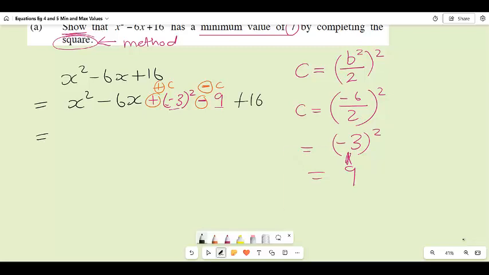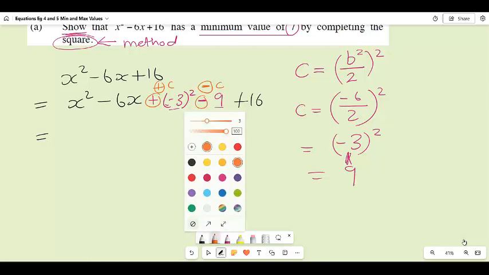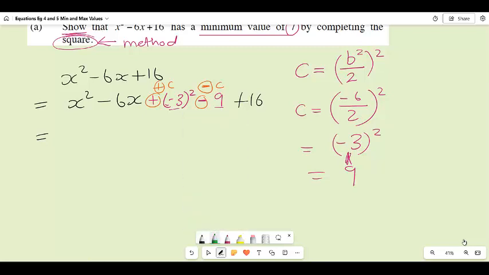Which means that I am now left with, if I take this bracket here, I am going to reduce that to x, that's the square root of this, bring down the sign, minus, and bring down this one, which is 3. Close the bracket and square it. x minus 3 squared will expand to the green rectangle.